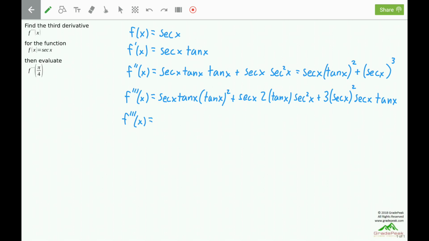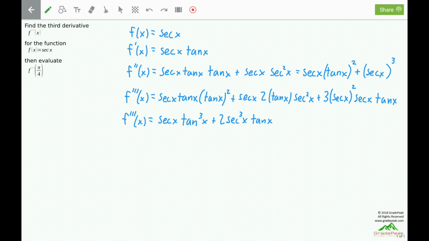So the third derivative will be, our first term, we have a secant times a tangent squared, which will be a tangent cubed. Our second term, we have a 2. Let's move that to the front. We have a secant and a secant squared. That's a secant cubed, and a tangent.